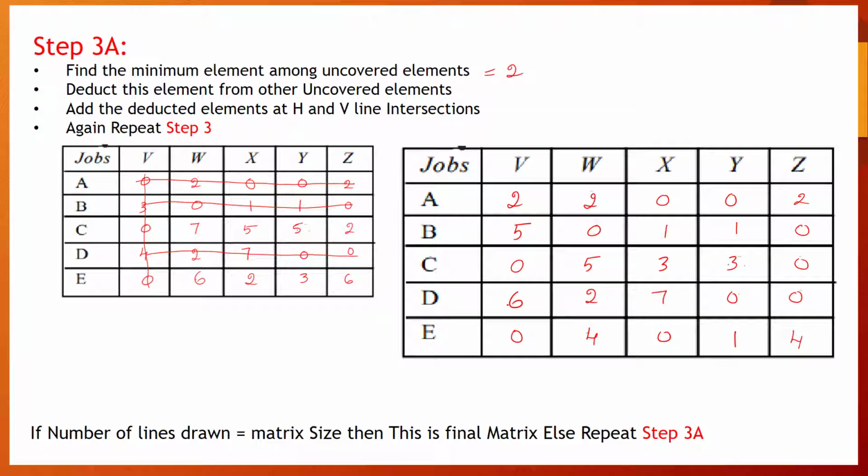Now again we need to draw the lines, which is we need to repeat the step 3. So the minimum number of lines we need to draw. So let me just cover this one, 3.